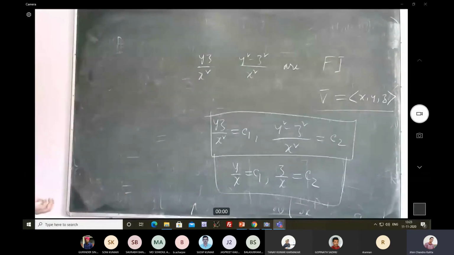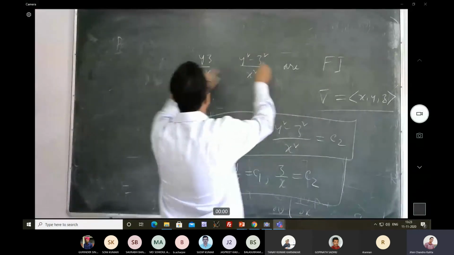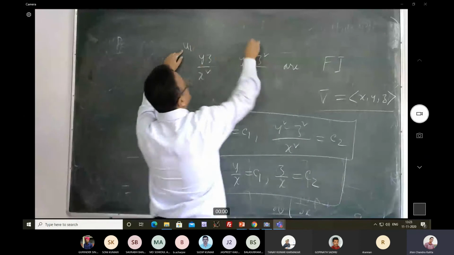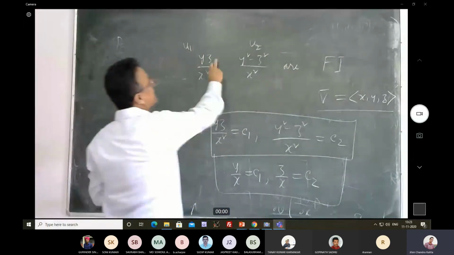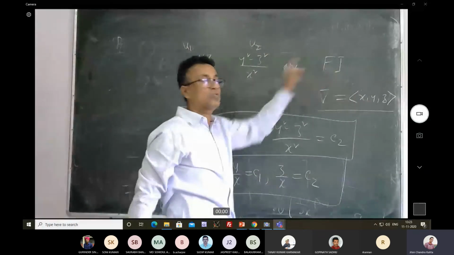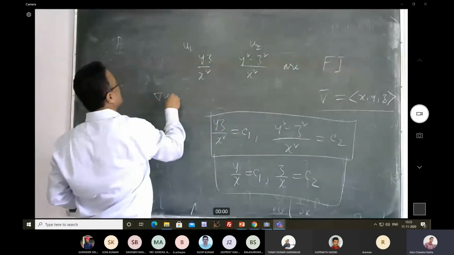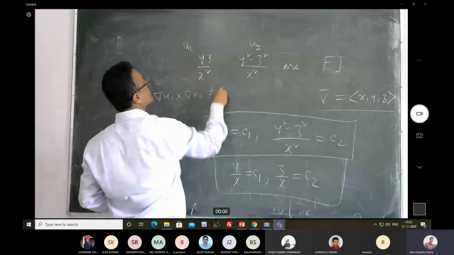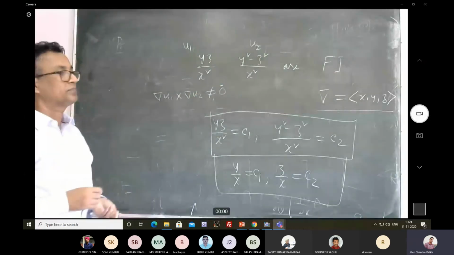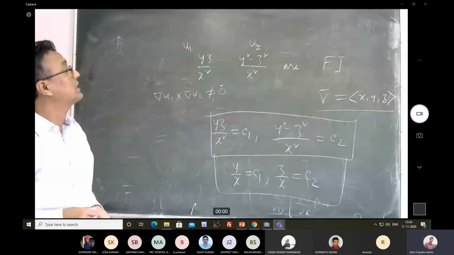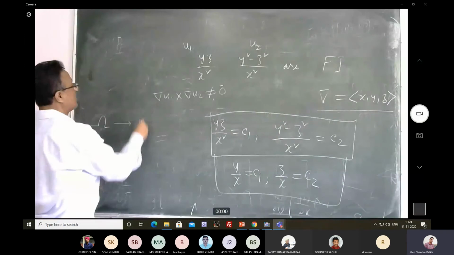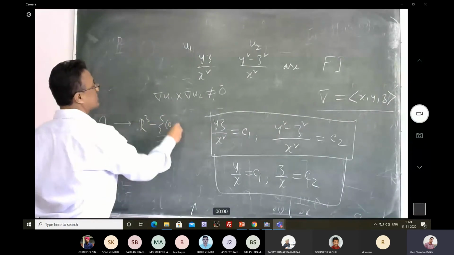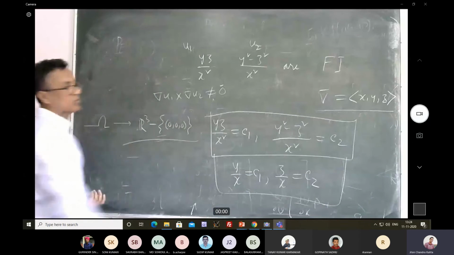Okay. See here. Firstly, what we have to prove is about these two functions. I told you that u1 and u2 are functions of x, y, z. So firstly, you have to prove that they are functionally independent. Basically, you have to prove grad u1 cross grad u2 is not equal to 0 bar, and here omega is R3 minus origin.